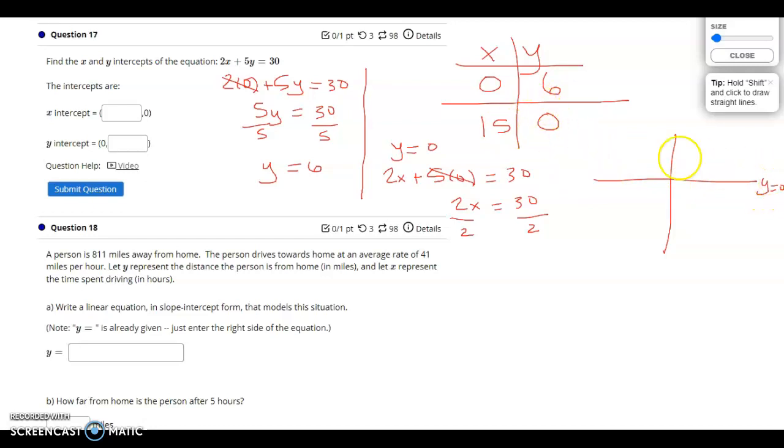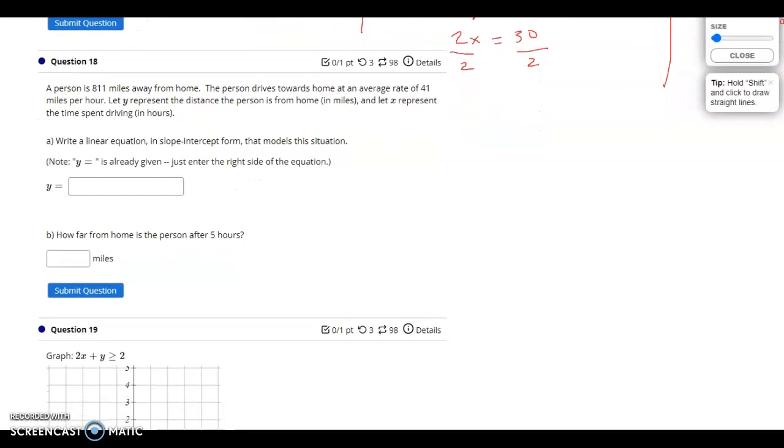Okay, so 15 is the x-intercept. So that's where x equals 15 and y equals 0. The y-intercept is on the y-axis, and that's where x equals 0. And so this one is at 0, 6. So where y equals 6, this is the y-intercept. It's where it crosses the y-axis. I apologize if I said that wrong a couple times.